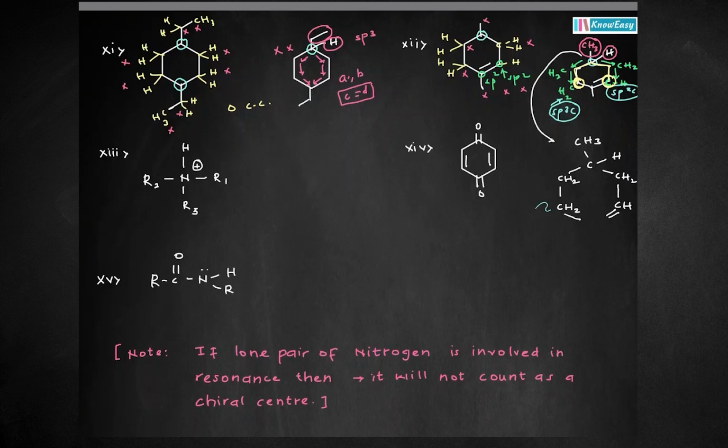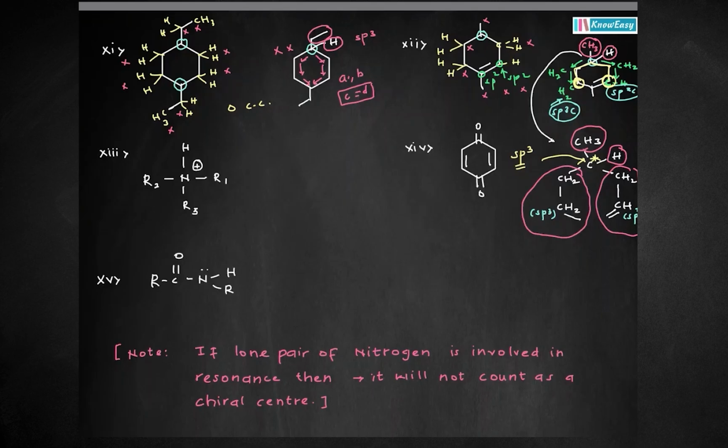Clear? We will see this as the sp3 carbon, or this as the sp2 carbon. So look carefully, this part, this part, this part, and this part. That means this carbon is first of all sp3 hybridized, okay, and it has 4 different valencies. So this particular carbon is called the chiral carbon.